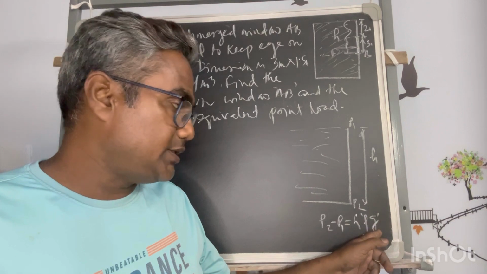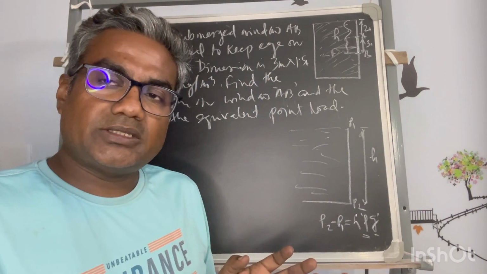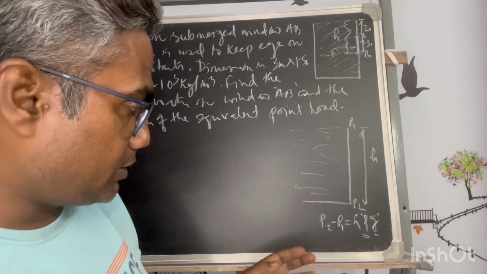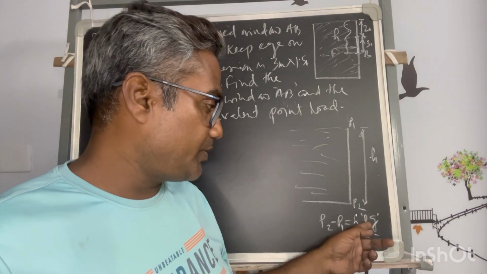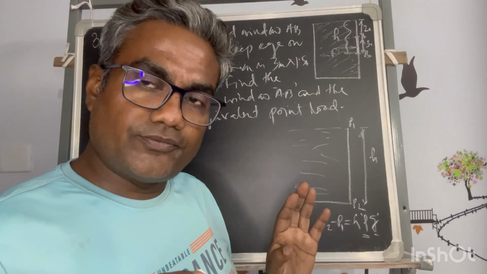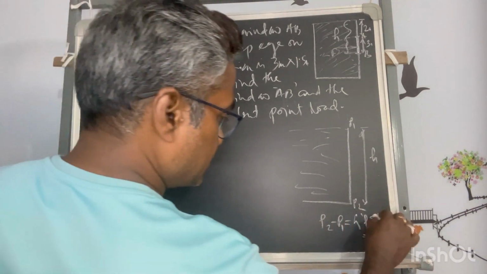So G, as we are considered to be in the same location, is not varying, and rho, incompressible, for any effect of pressure it is not varying. So this part is considered constant.